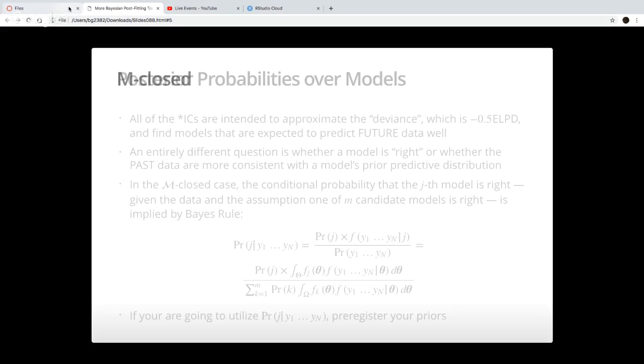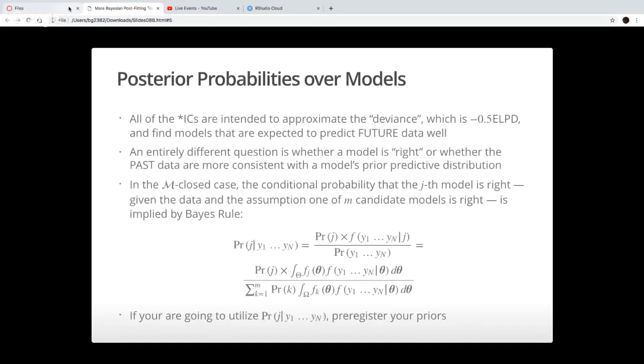All right. So the next thing that we want to talk about today is putting posterior probabilities over models.